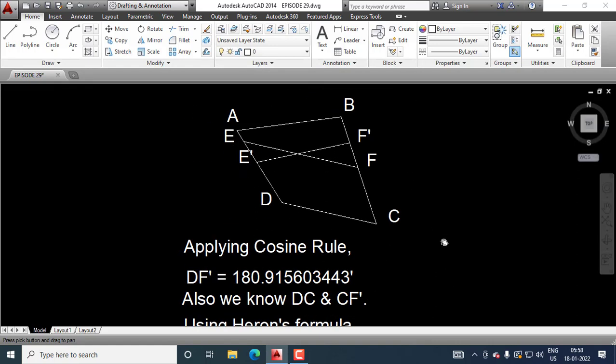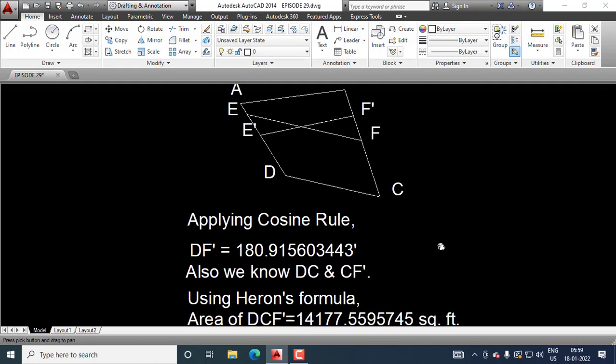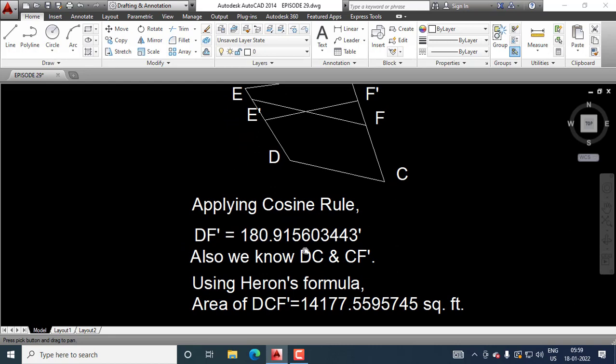Applying cosine rule, DF dash is equal to 180.915,603,443 feet. We know DC, we know CF dash, and we know angle DCB, so we can calculate DF dash. After calculation, we got this figure, 180.915,603,443 feet.